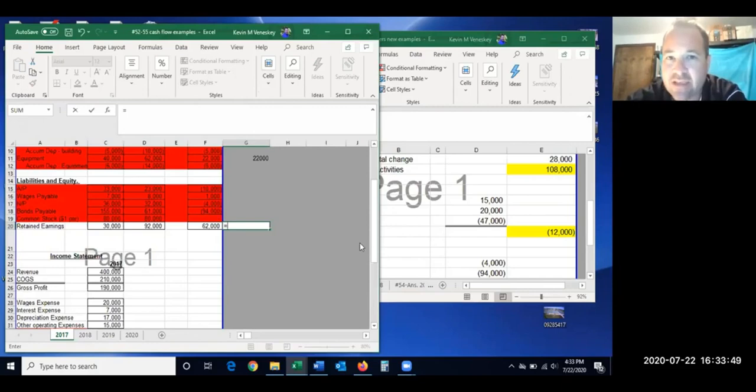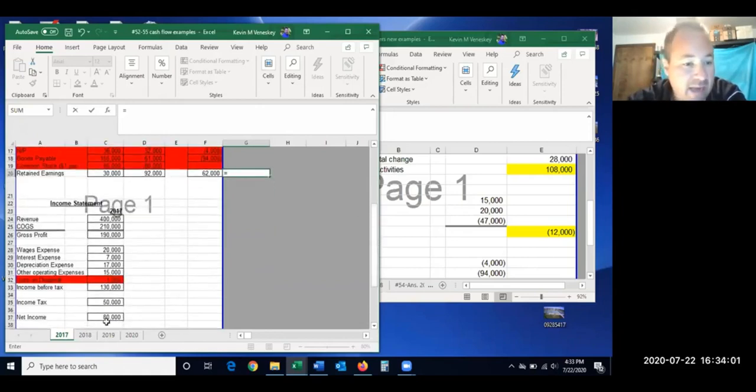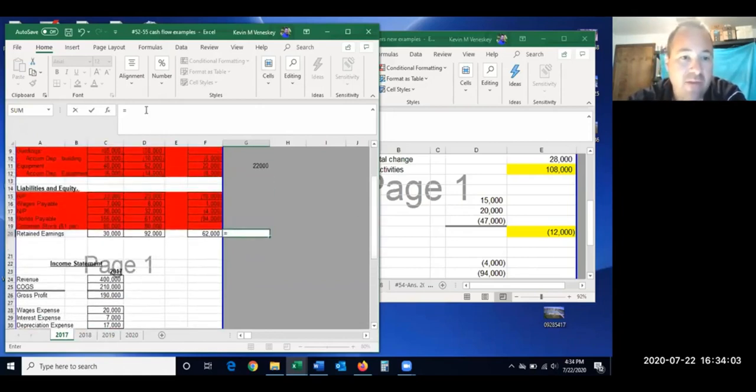The 2 things that go into retained earnings when you close things out are your income summary, which is your net income, and dividends. So if I started at 30 and I added in my net income of 80,000, I've just explained 80 of the 62, so I over-explained it.